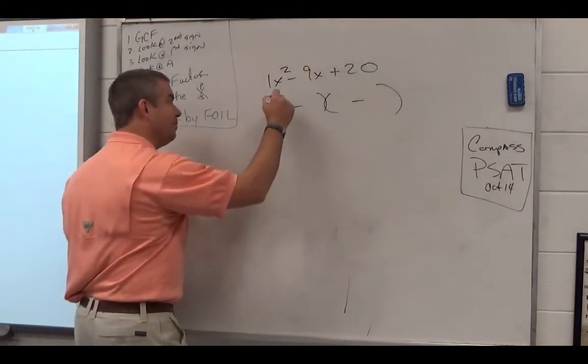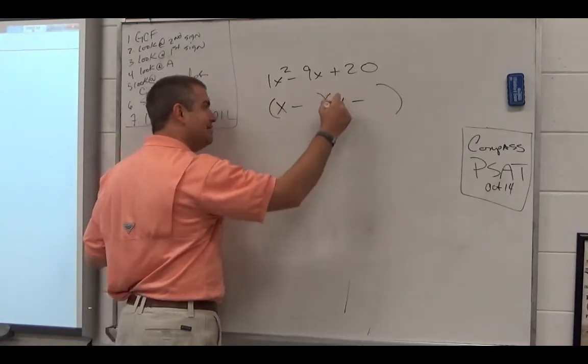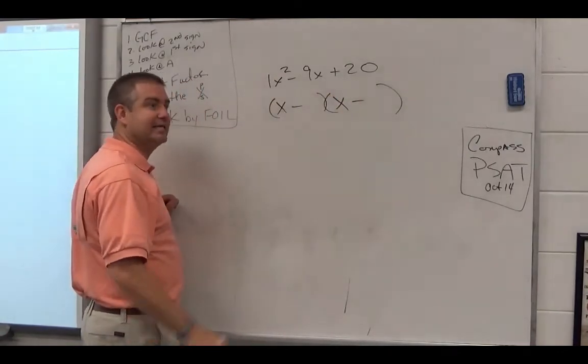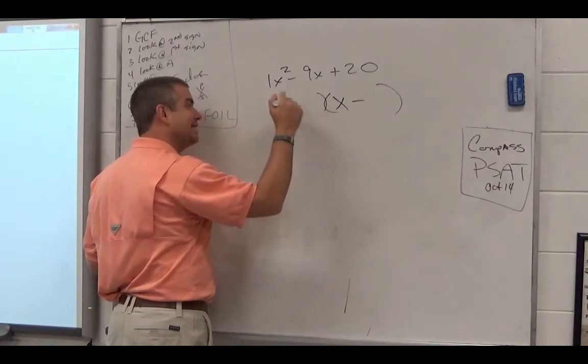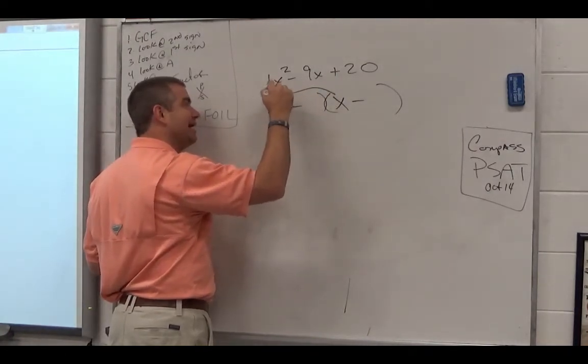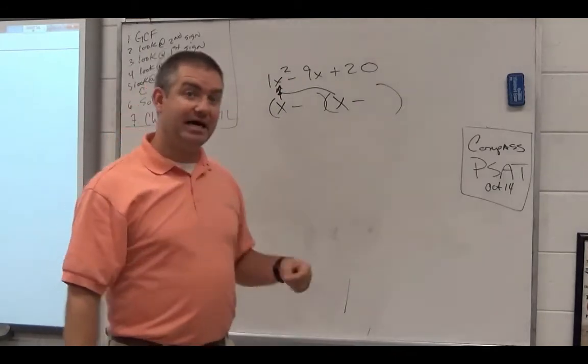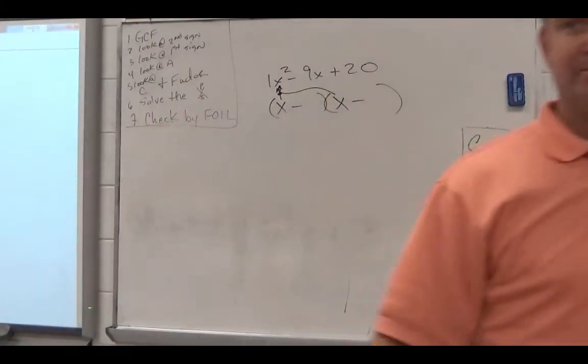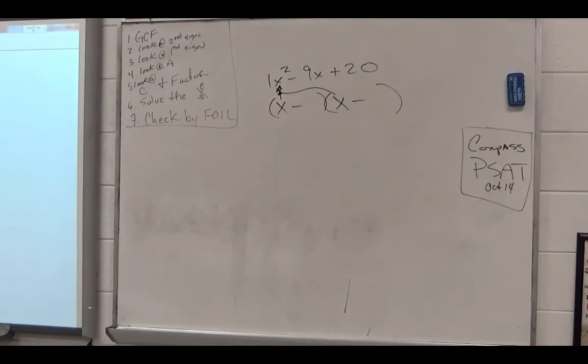So this first spot has to be an x and this first spot has to be an x. X times x is how I get x squared. These two things get multiplied and I get that first spot. Because A is equal to 1, that's pretty easy. What are the only things that give us x squared? X times x. Alright, step number 5.